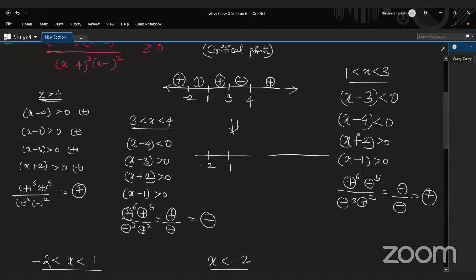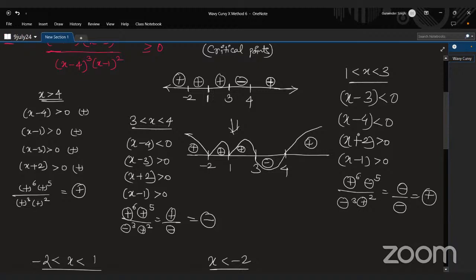So this is -2, this is 1, this is 3, this is 4. In the area where it is positive, draw it above. Where it is negative, draw it below. Where it is positive, draw it above, like this. Plus, minus, plus, plus, and plus. Just like this.